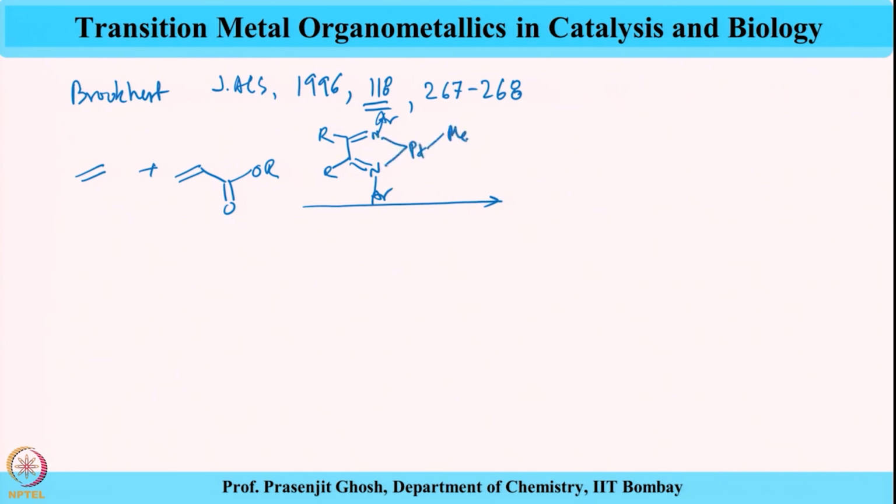Palladium methyl OEt2 plus and BAr4 minus, a non coordinating anion, in dichloromethane, 1 to 6 bar pressure, 30 degree centigrade.